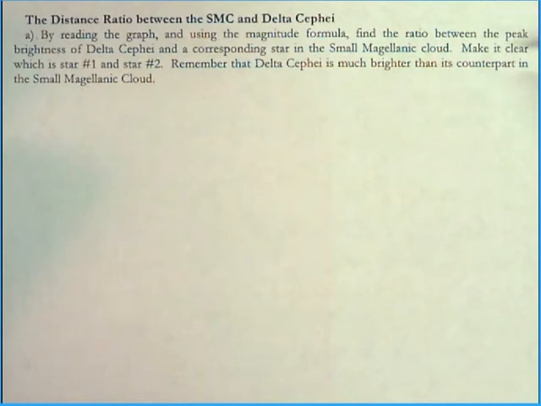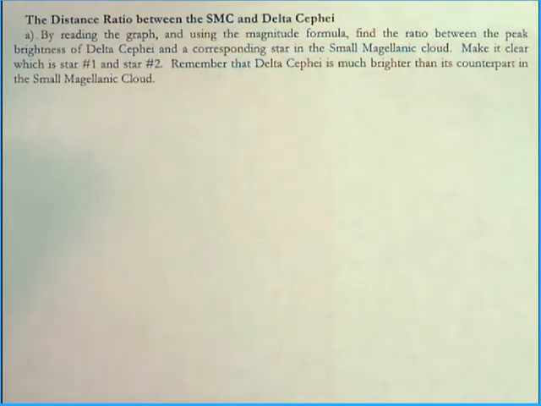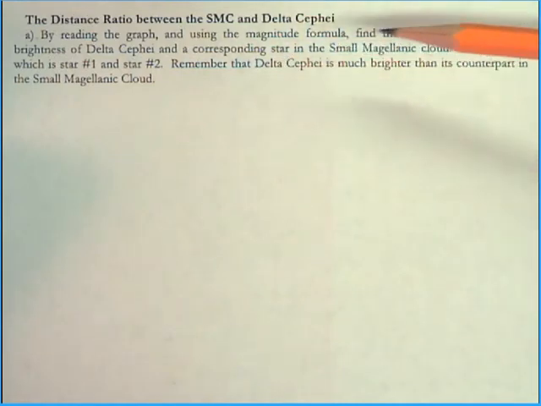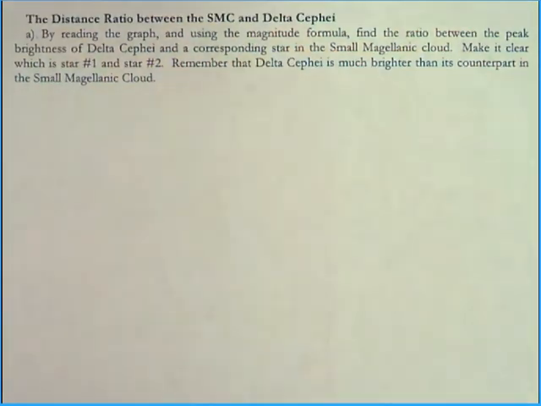We're going to have to make it clear which star is star 1 and star 2 when we use our formula, and remember that Delta Cephei is much brighter than its counterpart in the Small Magellanic Cloud.